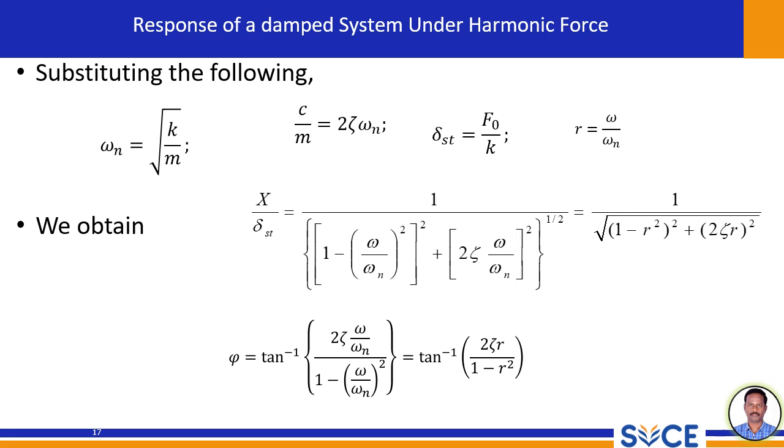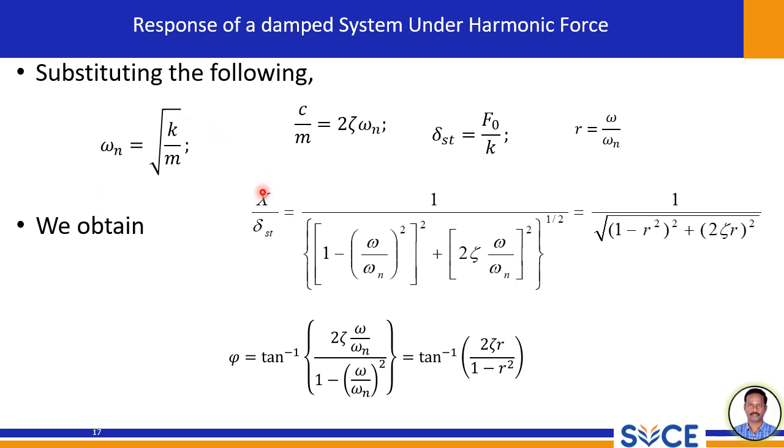Now, let's simplify the expressions for the magnification factor and phase angle in a damped system using some common substitutions. We will be using the following substitutions: omega n equal to root of k by m, which is the natural frequency of the system.